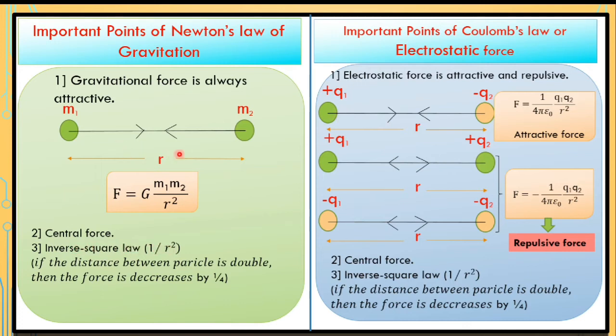We are familiar that this is the inverse square law. Both the electrostatic force as well as the gravitational force follow the inverse square law. Why is it called the inverse square law? Because the force is inversely proportional to the square of the distance between them.